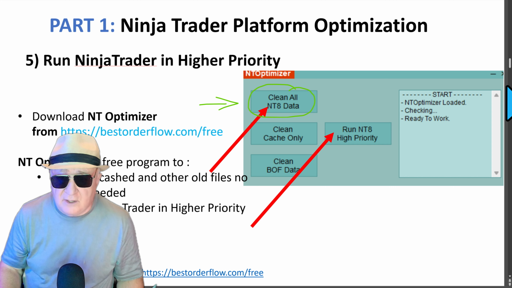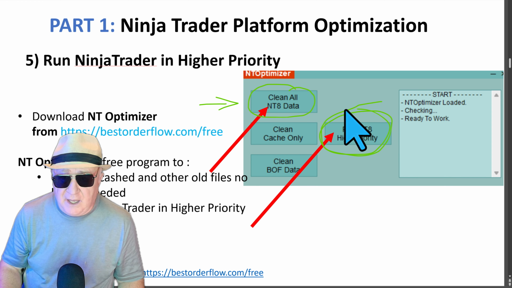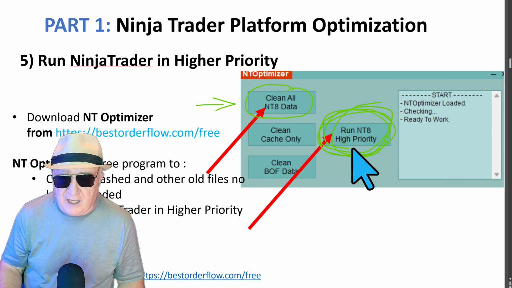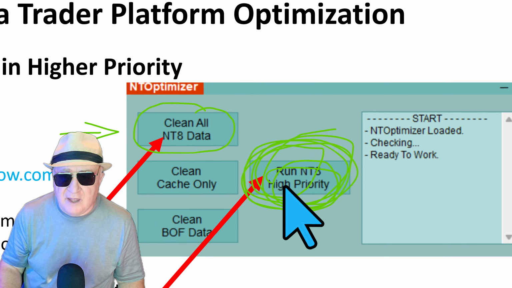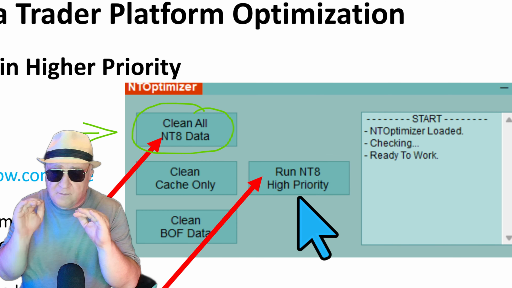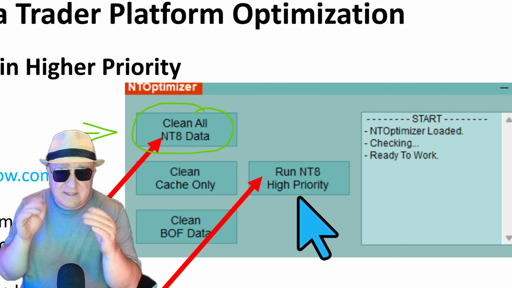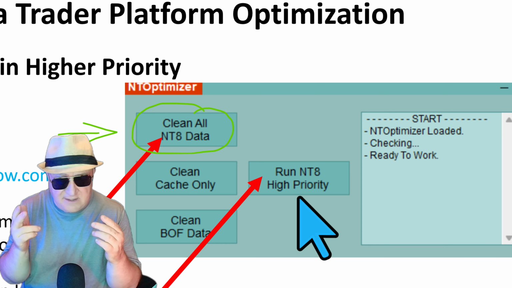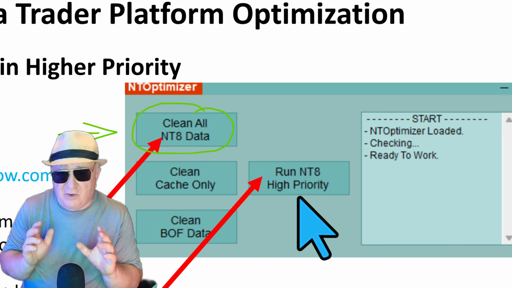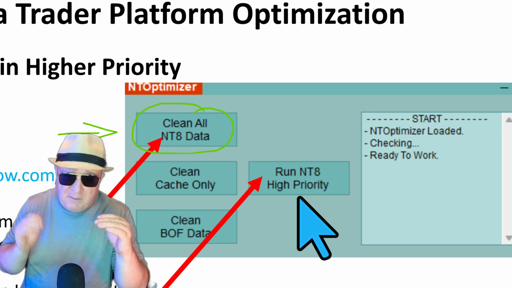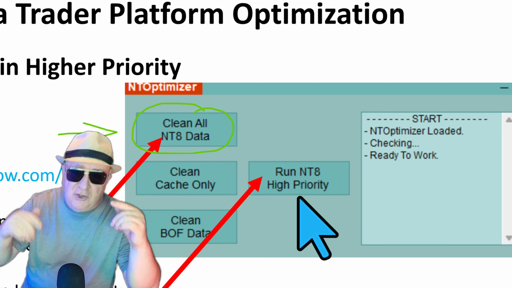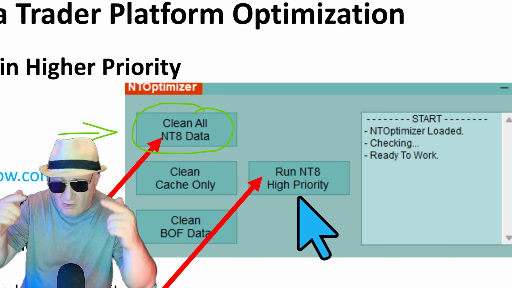And then you click on Run NT 8, NinjaTrader Platform 8, in high priority mode. This very button. When you click on this button, and by the way, that's the only way I start my Ninja now. If you don't have it on priority, then other programs may jump in and use that critical priority.